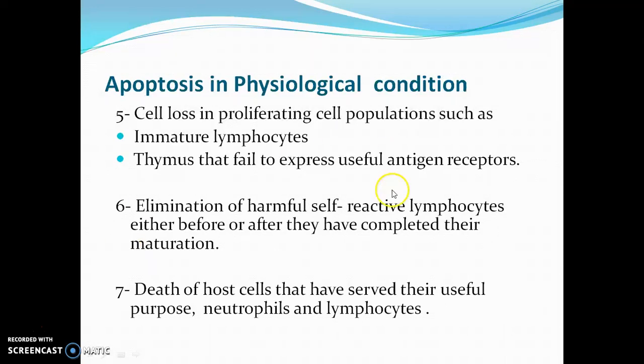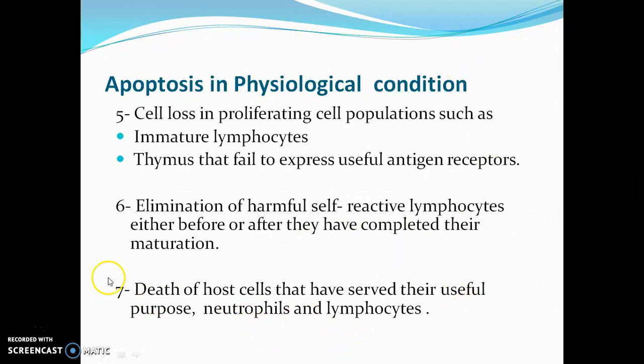Another cause of apoptosis in physiological conditions is cell loss in proliferating cell populations, such as immature lymphocytes in the thymus that fail to express useful antigen receptors, and the elimination of harmful self-reactive lymphocytes either before or after they have completed their maturation, and of host cells that have served their useful purpose, like neutrophils and lymphocytes.